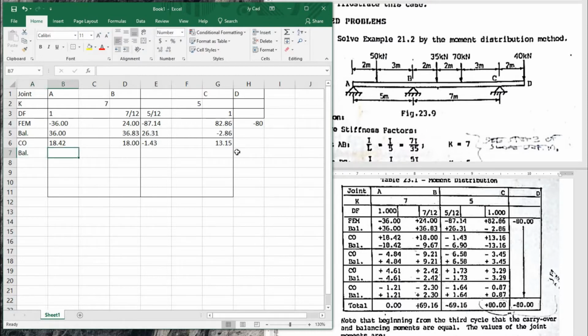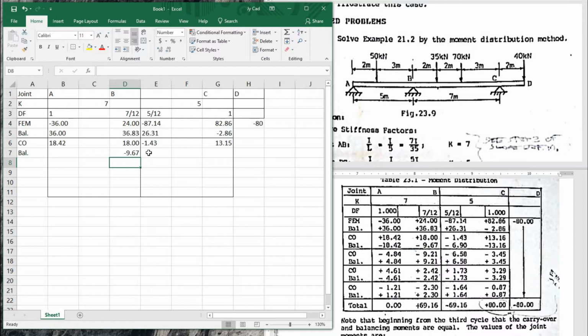same procedure. So dito, equal sign, negative mo na kagad yan. And then the sum of the moments above, 18 plus negative 1.43 close, multiplied by the distribution factor. Yan. So 9.67 negative.